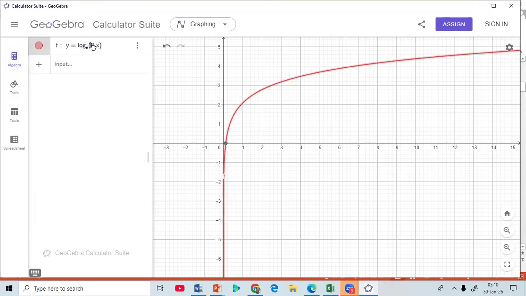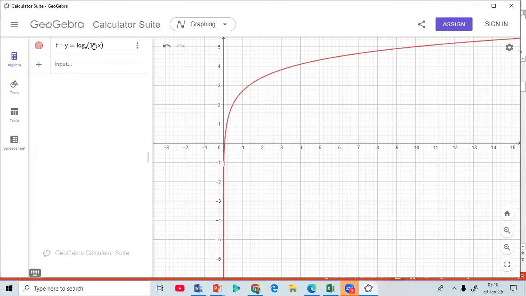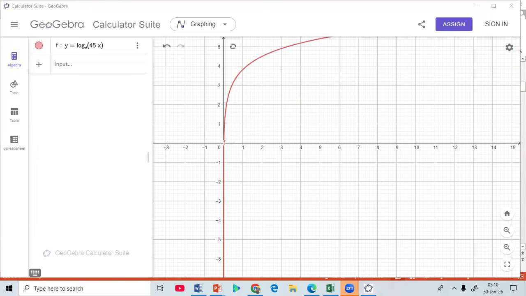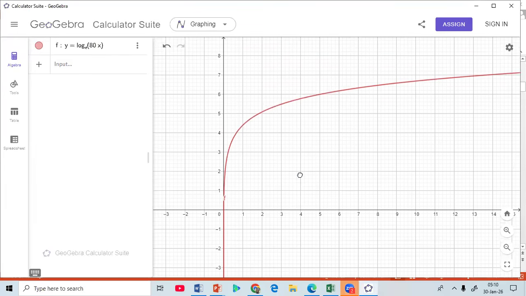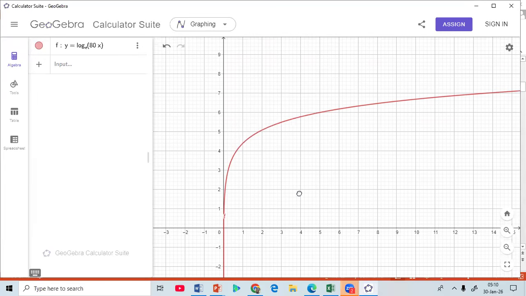Members, which effect are you not seeing whenever we increase them? It moves upwards. The curve extends towards the y-axis. That is very true. I am increasing the value further. The moment we keep on increasing, you notice that it keeps moving very close to the y-axis.